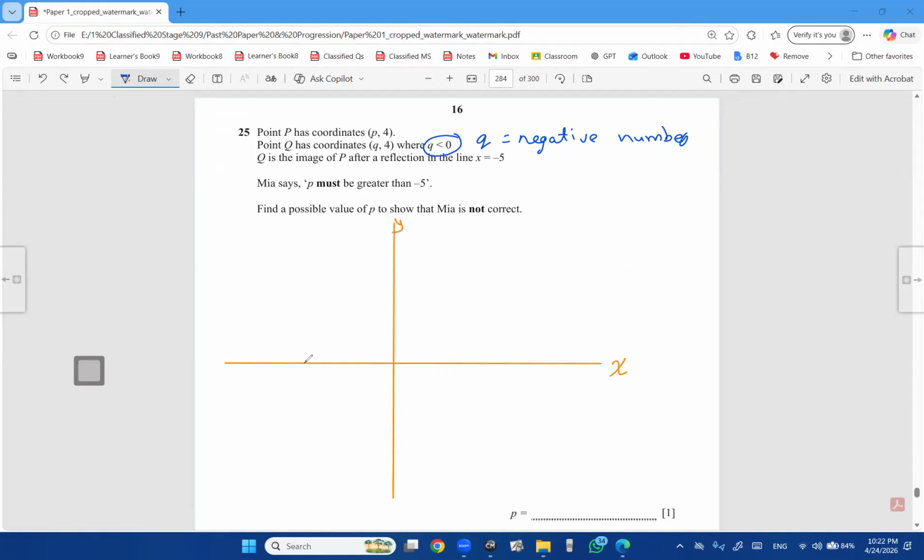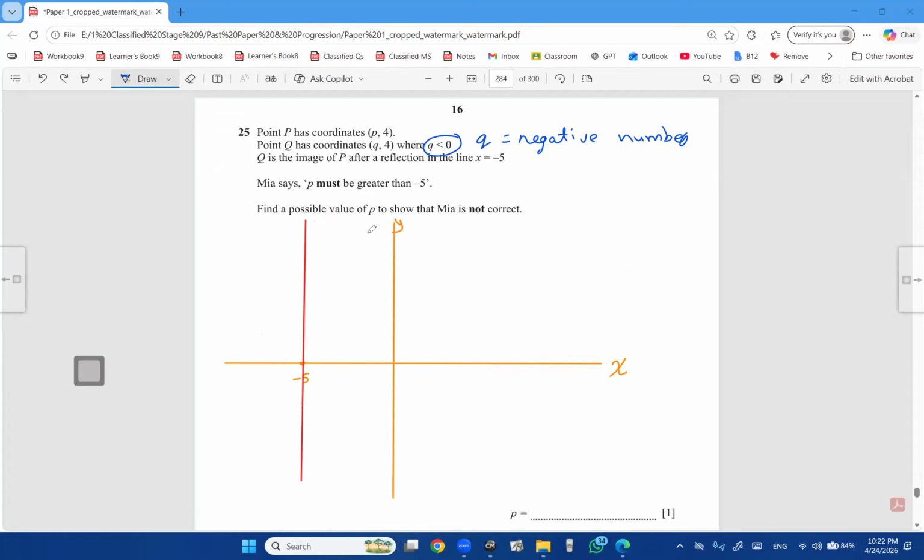So let's imagine that this is the -5. So the mirror line is here, going through x equals -5. As I told you, it doesn't have to be an accurate coordinate plane.